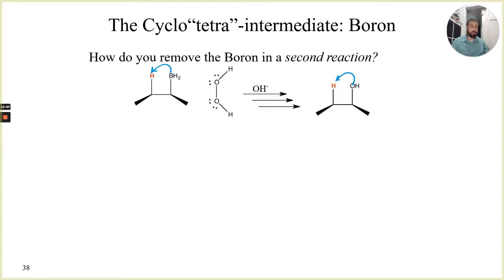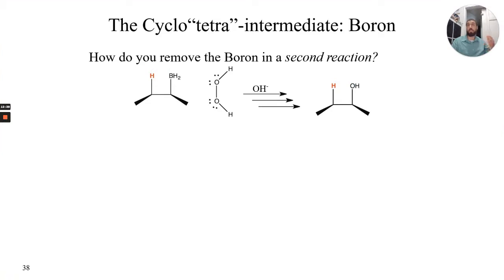It's added to the same side, the exact same position as the boron. Okay, so this step could be referred to as a stereochemical retention. We're not inverting it, and we're not getting a mixture. It gets a retention of stereochemistry, and that's kind of neat. That falls out of the mechanism, which again, questionably don't need.